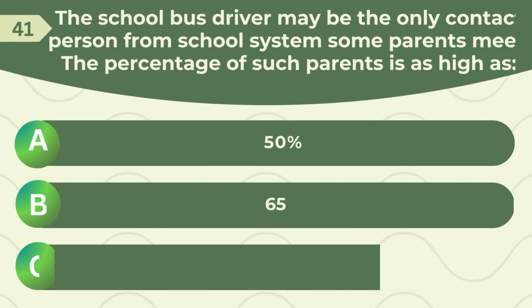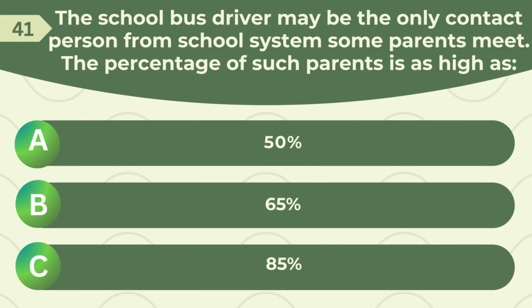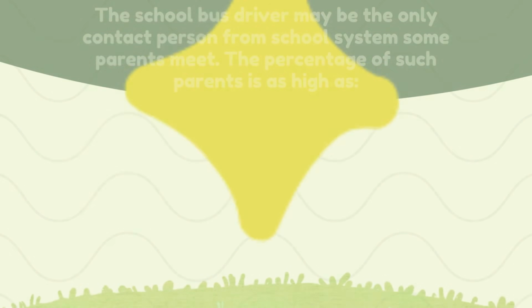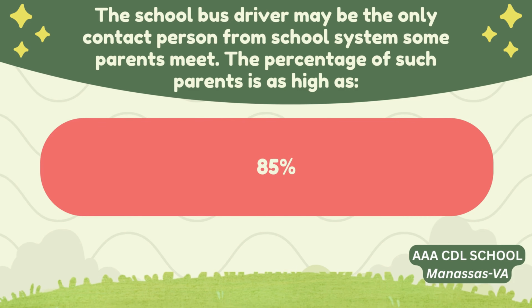The school bus driver may be the only contact person from the school system some parents meet. The percentage of such parents is as high as: A. 50%. B. 65%. C. 85%. Correct answer: 85%.